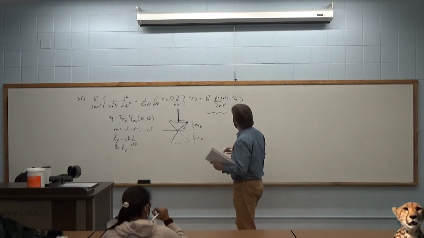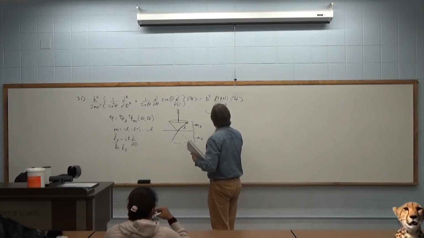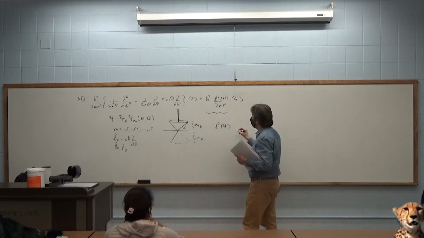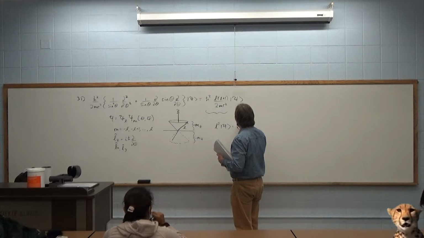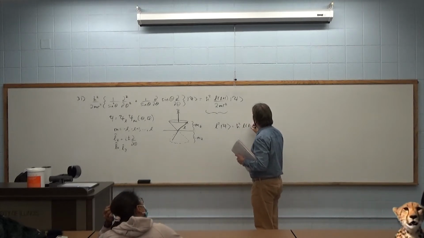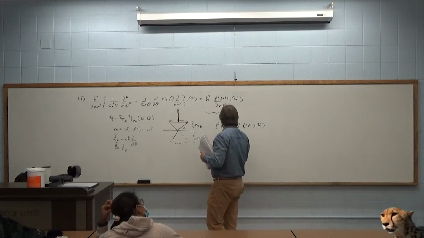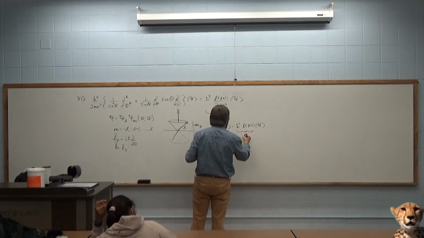Well, let's see here. So here we can see that the L squared operator on the wave function, based on this information right here, is ħ squared, which gives it the right units, times L times L plus 1. And again, that would be acting on a spherical harmonic. So here you have the eigenvalue.